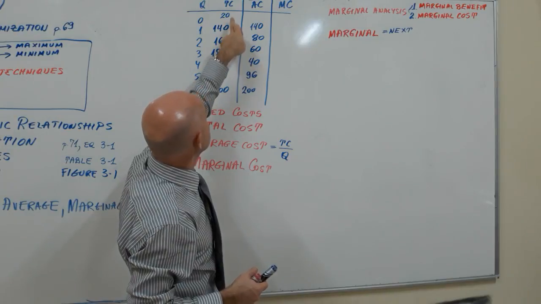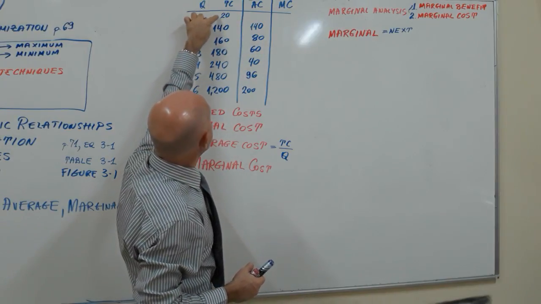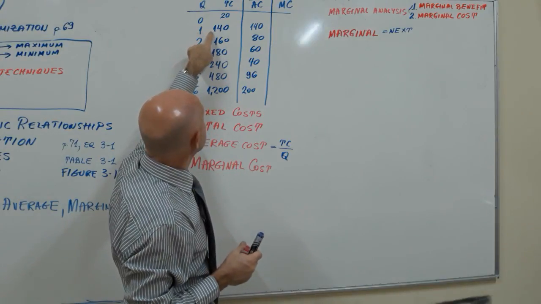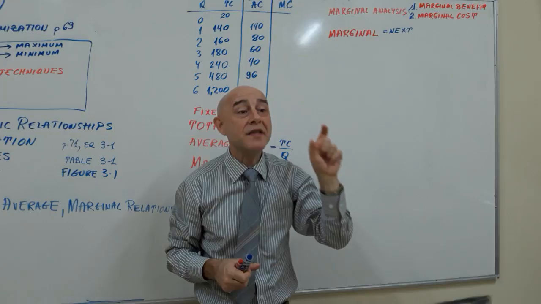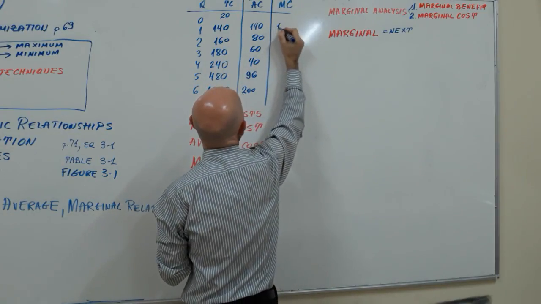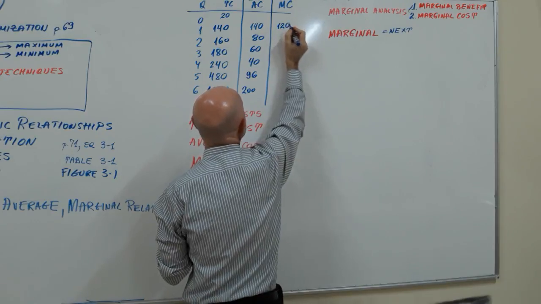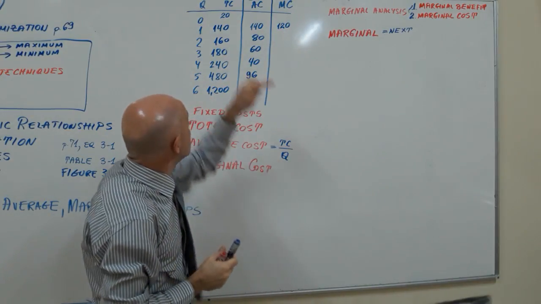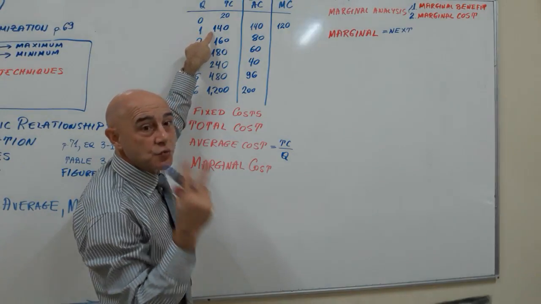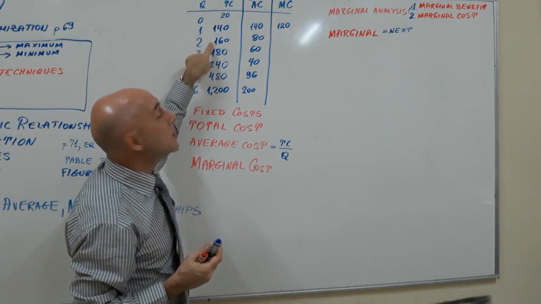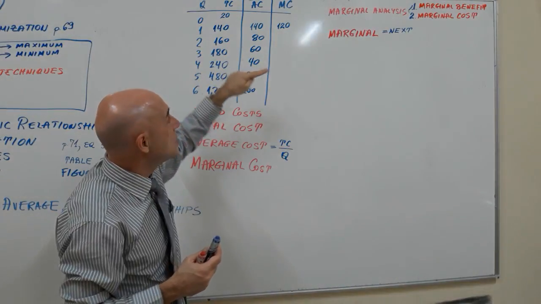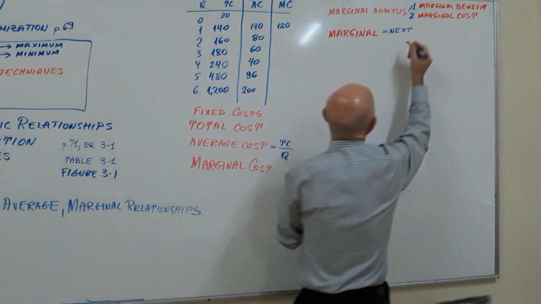So, if it costs 20 to produce 0 and costs 140 to produce 1, to produce 1 more unit costs 120. Marginal cost is 120. Now, if you're producing 1 unit and you want to produce 2, you need only 20 more, the extra cost.